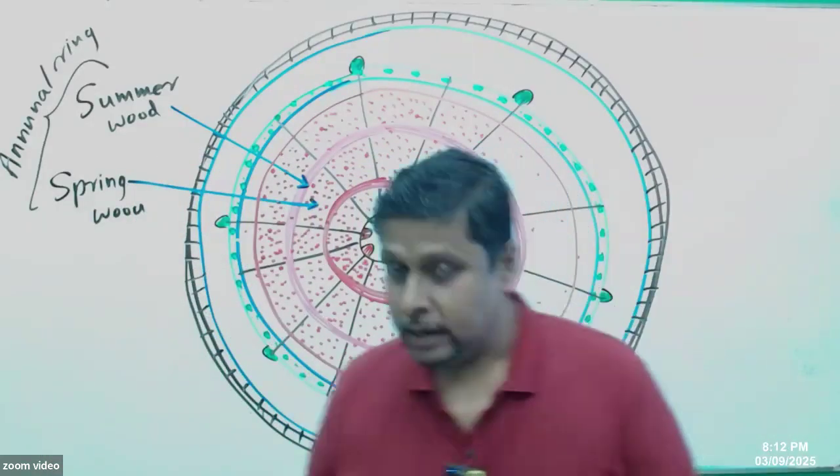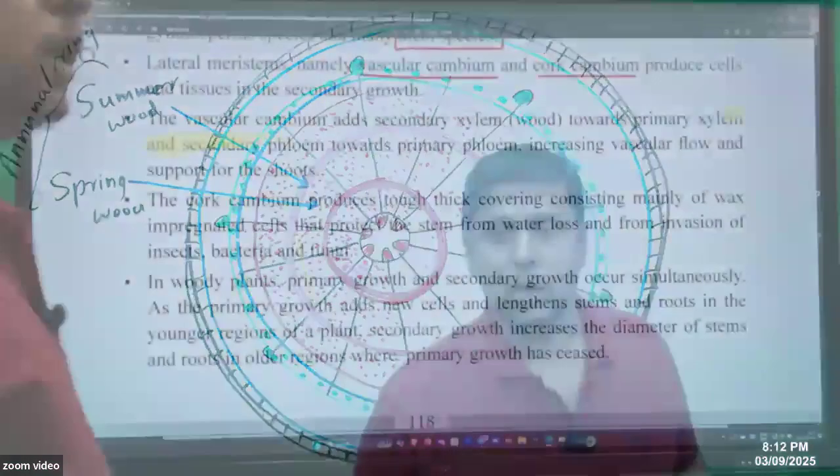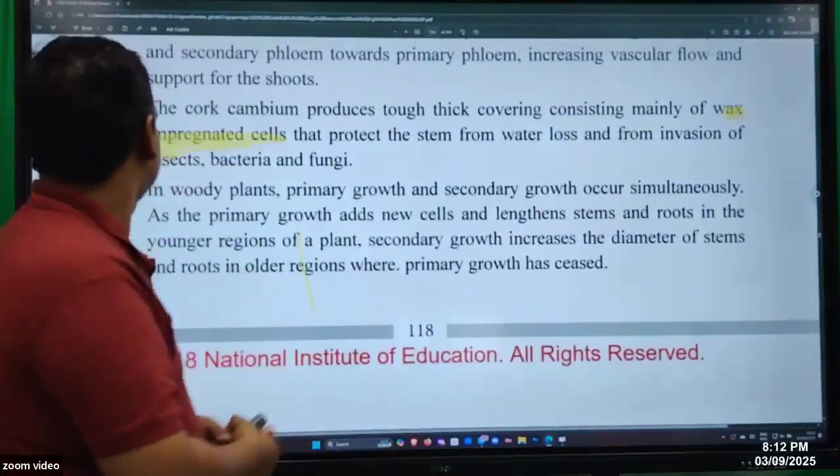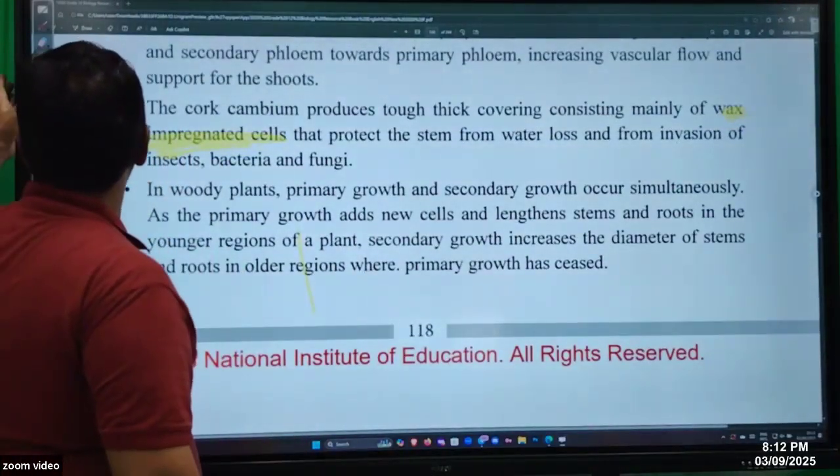Completely. So let's quickly go through the note now. Let's go through the note.